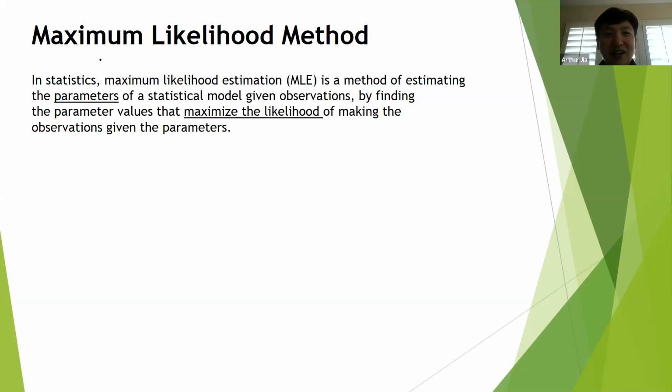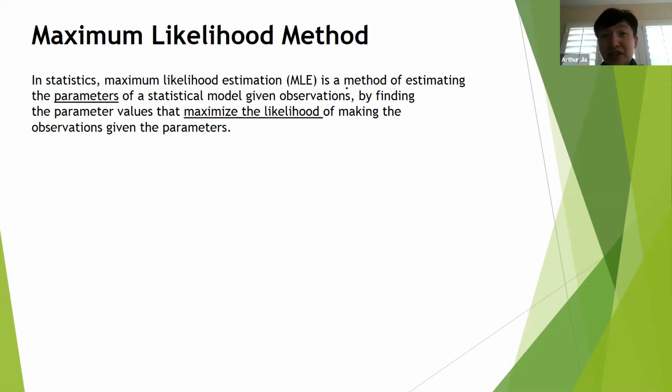Now, if we have a model with unknown parameters, maximum likelihood is the way we can analyze your data and estimate the parameters. So what is the MLE for the parameters of a statistical model given the data?